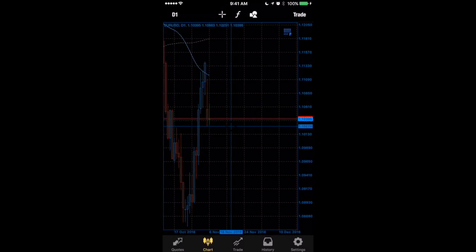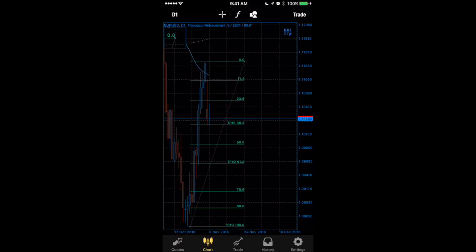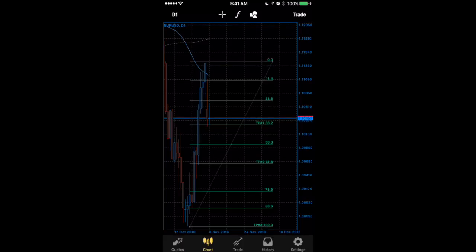Fibonacci, so you go from the bottom all the way to the top. And you can see where the price bounced off at the 38.2. That's 38% of the entire swing right there. There's 11.4, 23.6, 38.2, 50, 61.8, 78.6, 88.6, and 100. So usually the price will come down to like 50 or 61 and then go back up.